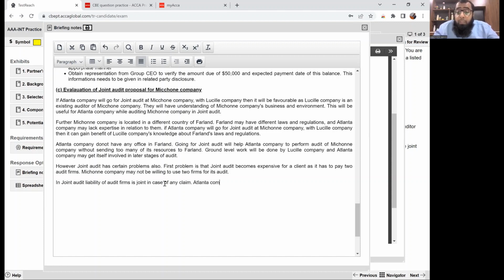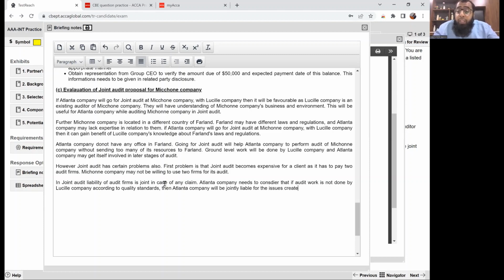Atlanta company, which is our firm, needs to consider that if audit work is not done by Lucille company according to quality standards, then Atlanta company will be jointly liable for the issues created in the entire audit.